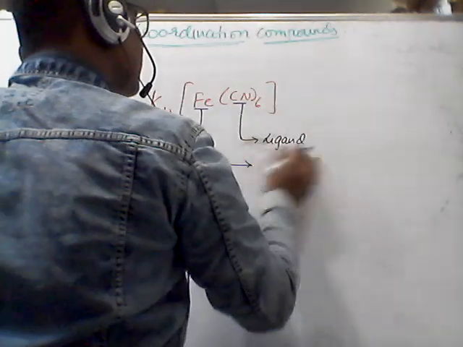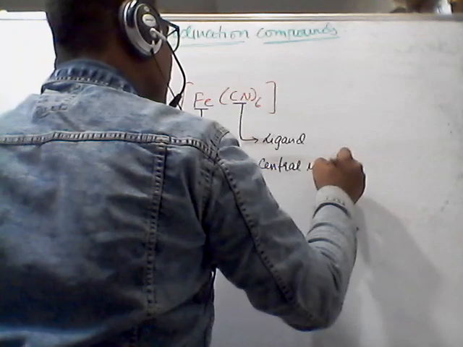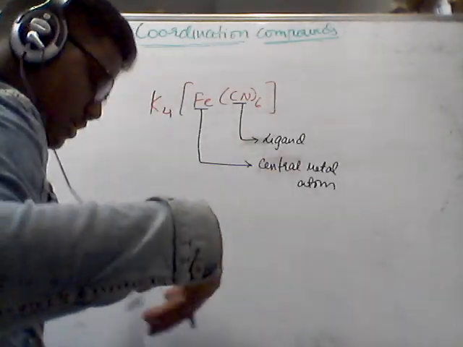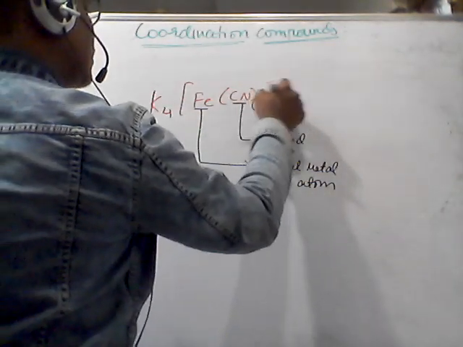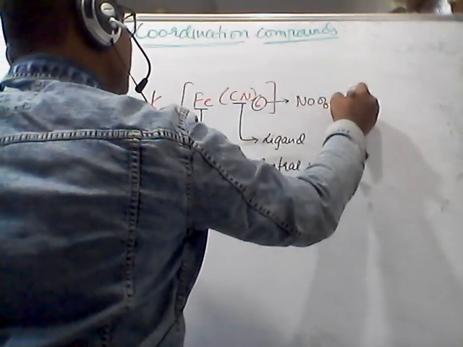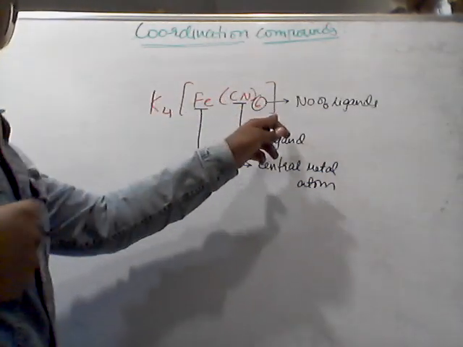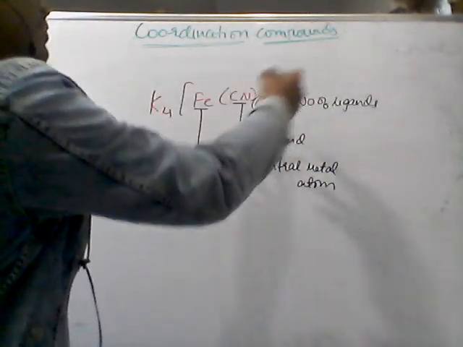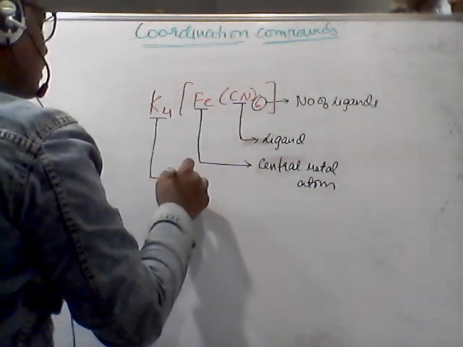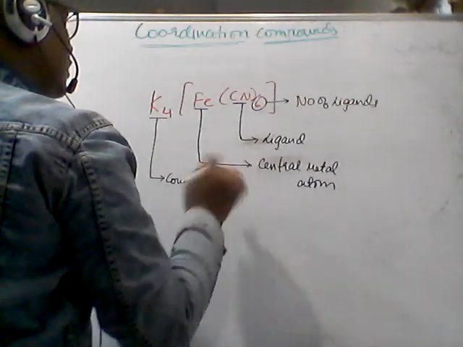Then coming to this 6 here, it is called your number of ligands, as this is the ligand and this is the number of ligands. How many ligands are present is noted here. And then this is called your counter ion or counter atom. Okay, counter ion or counter atom.